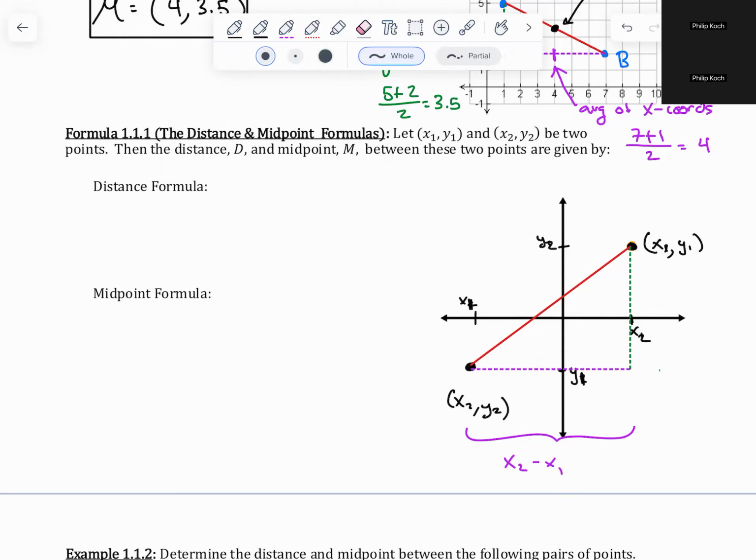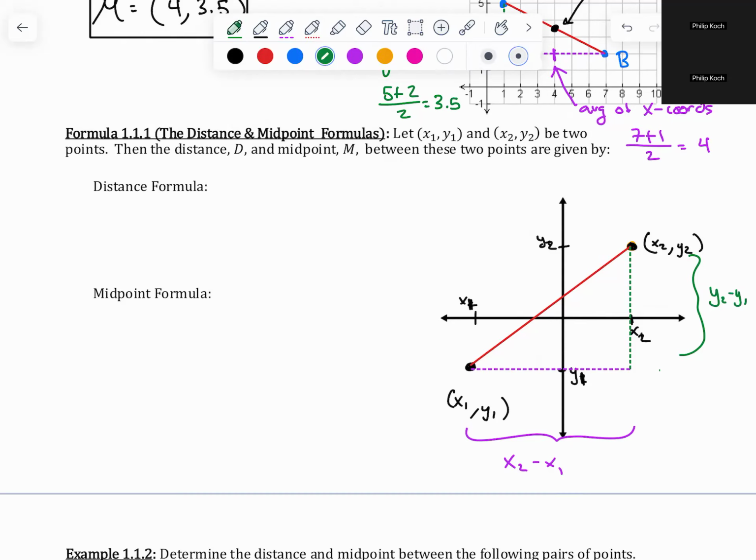I'm sorry about that. It just makes a lot more sense. But the purple length is going to be x sub 2, the further right, minus the further left. And then similarly, this distance is y sub 2 minus y sub 1.